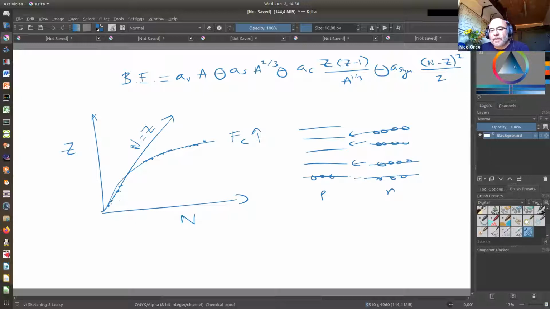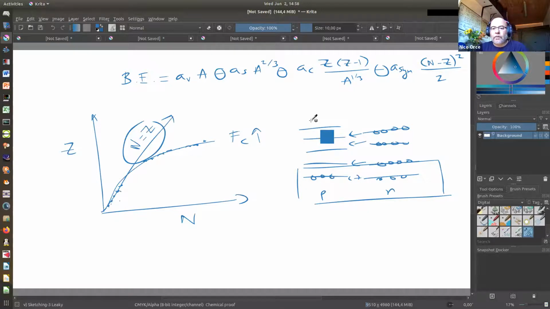These guys are close to each other, and they couple with each other, resulting in a more bound system. As you move away from the line of stability, from the N equals Z line, the situation reverses and you lose binding.